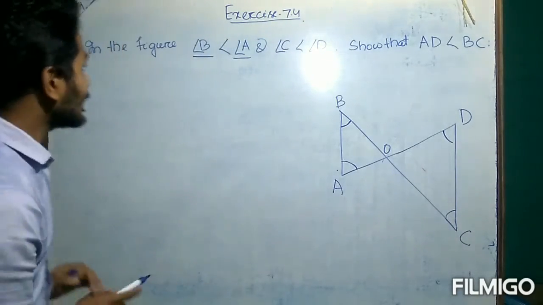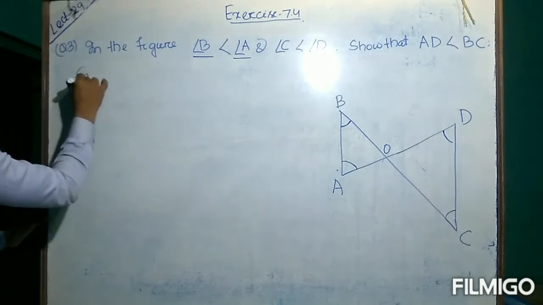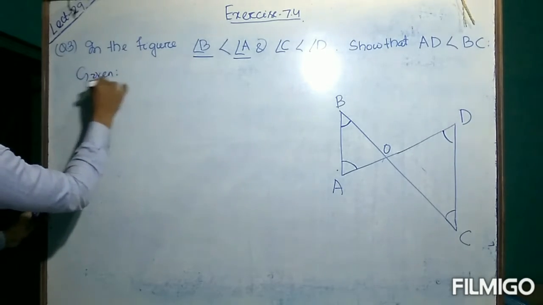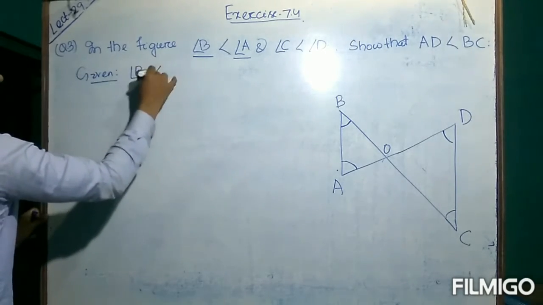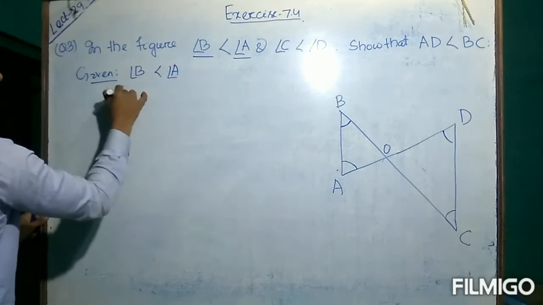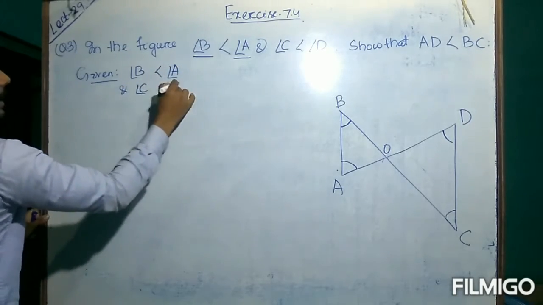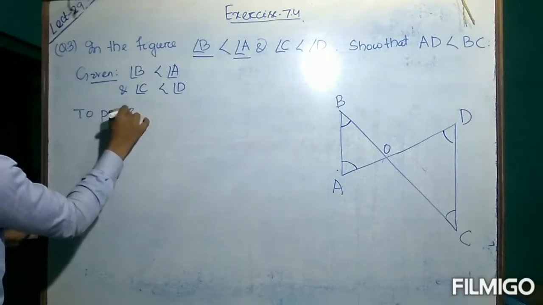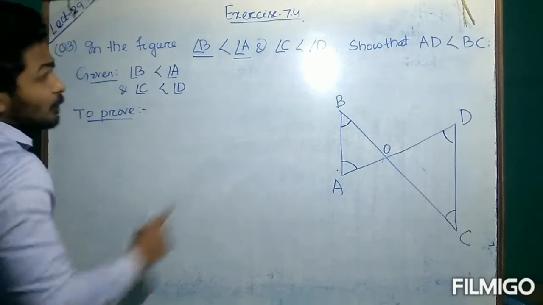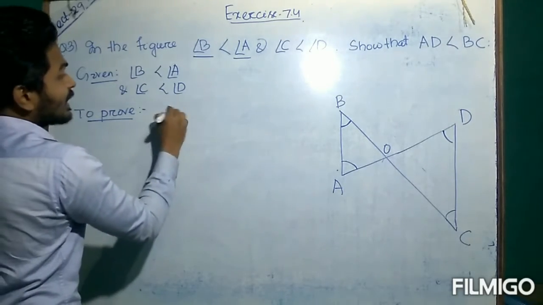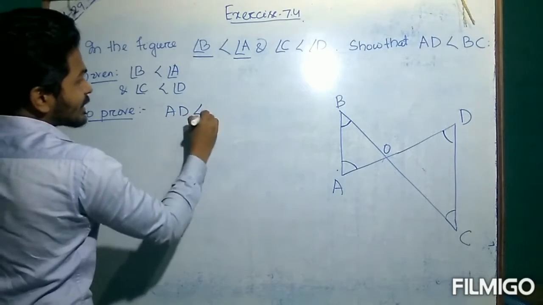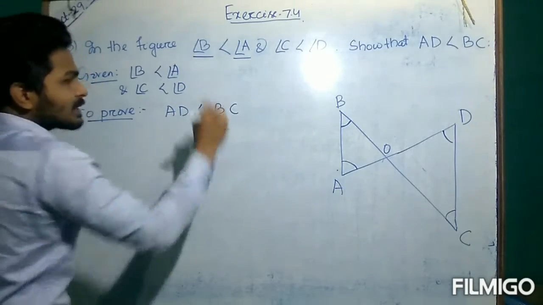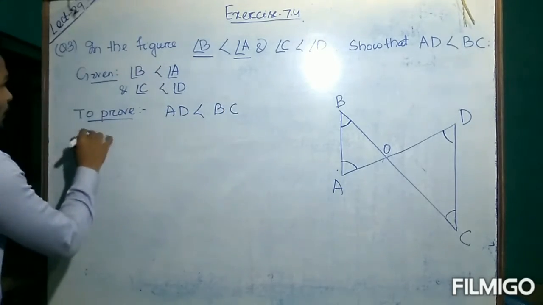Let's prove it. What is given here? It is given that angle B is less than angle A and angle C is less than angle D. And we have to prove that side AD is less than side BC.